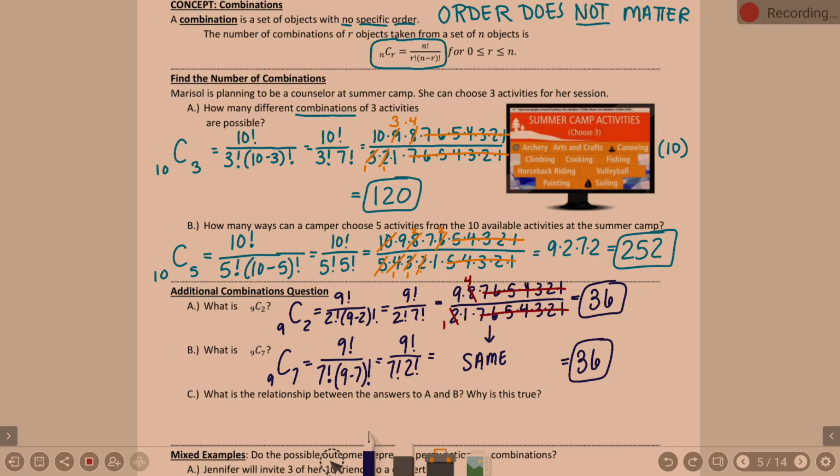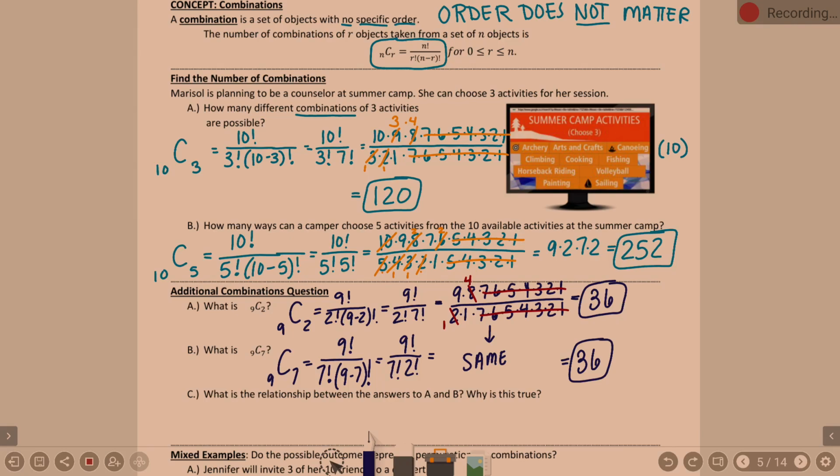Now, C is asking, what is the relationship between the answers to A and B, and why is this true? They have the same answer because the order doesn't matter. Notice my denominators end up being the same.